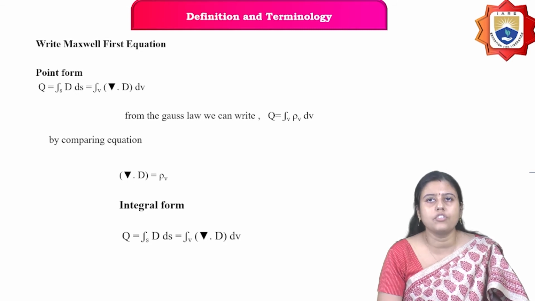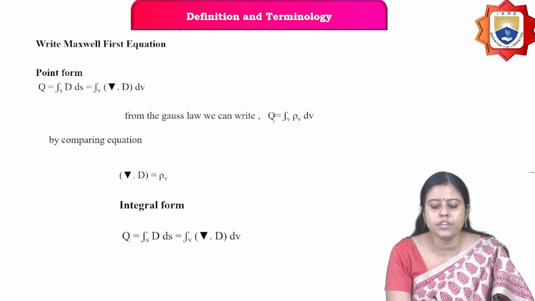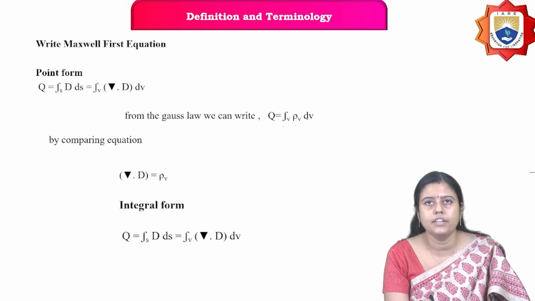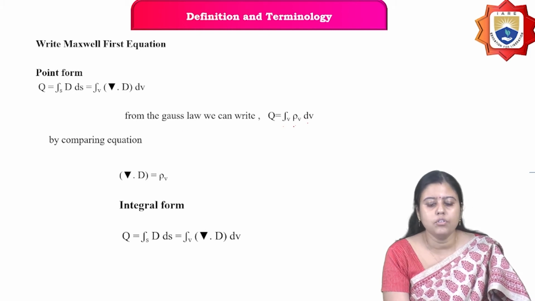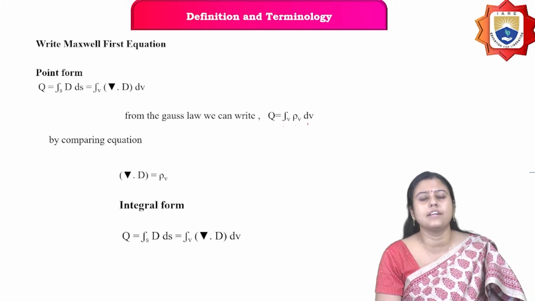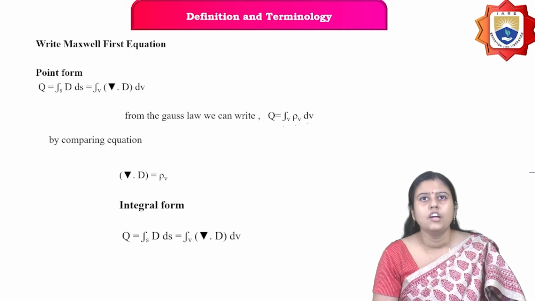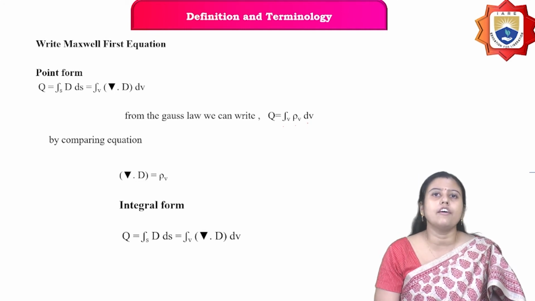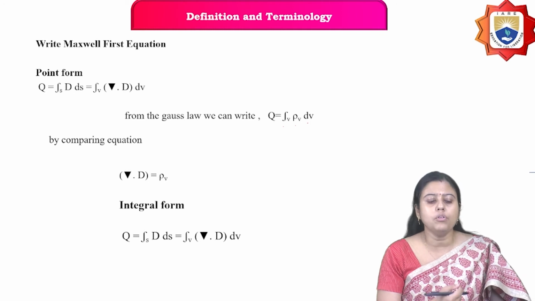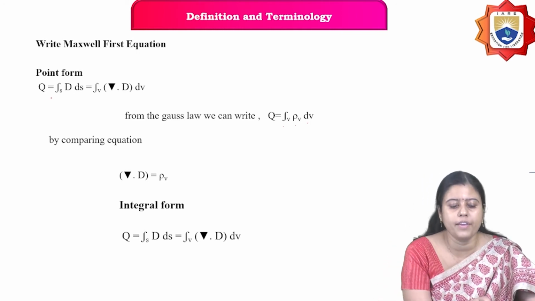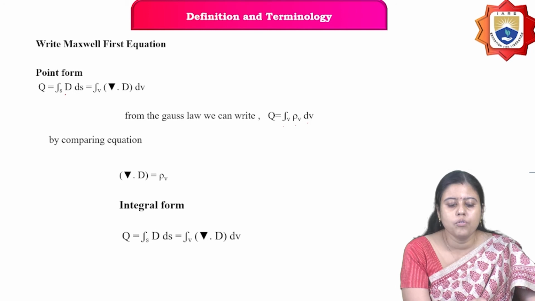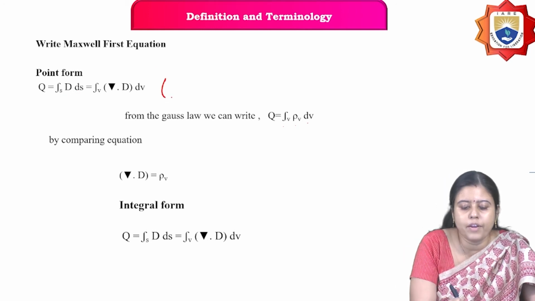So from the Gauss law we can write Q is equal to the integral of rho v dv. Already we have discussed the volume charge integral, so any charge will be in the volume. So Q is equal to rho v into dv. And from here, from the Gauss law, we got D dot ds, and we are using the Stokes theorem here.